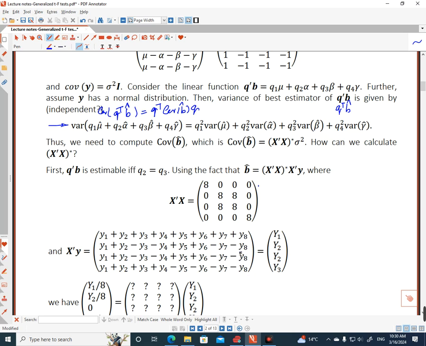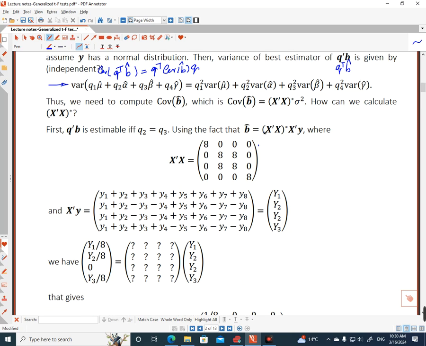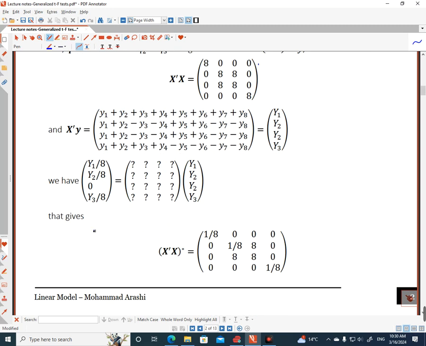The second and third elements are the same, so I can use the abbreviation capital Y1, Y2 for the second, Y2 for the third, and Y3 for the fourth element. Now we know that this is the x prime y, and I can write x prime y as x prime times y. So solving it will easily give you the generalized inverse of x prime x.